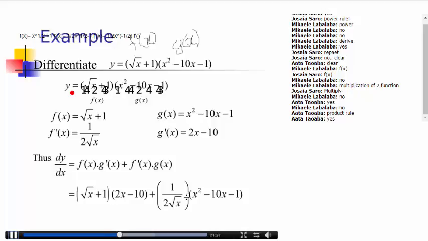Now you must be wondering, how did we get 1 divided by 2 root of x? Remember, we have an exponential rule that whenever we have a power which is negative, if we bring it into the denominator, it becomes positive. Do you know that?